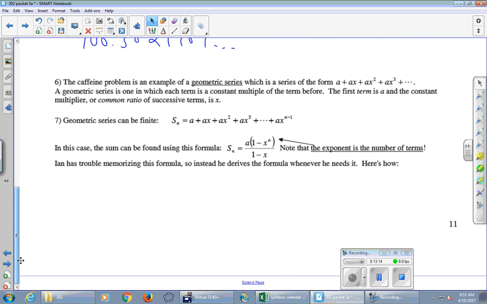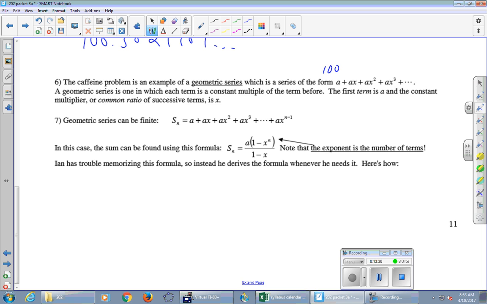Okay. Number 6, the caffeine problem is an example of a geometric series, which is of the form a plus ax plus ax squared plus ax cubed plus and so on. In our example, how much was a? 100. How much was x? It's 0.06, right?